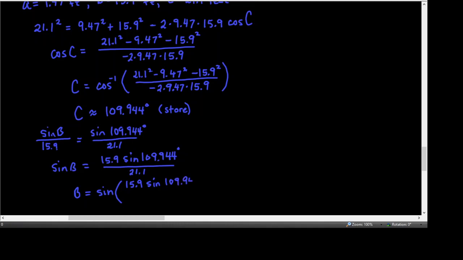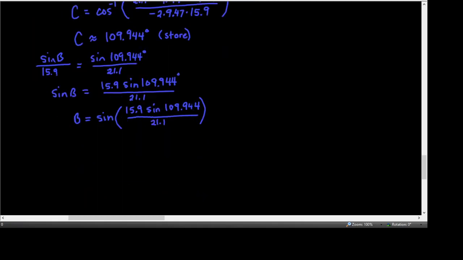And this is a lot less work and a lot less complicated than if you'd used the law of cosines again. Not to say that that would be an invalid result. If you did that, it's just a lot more work for the same answer.